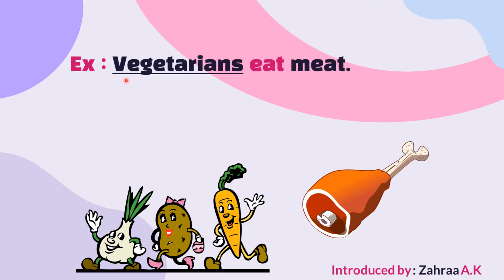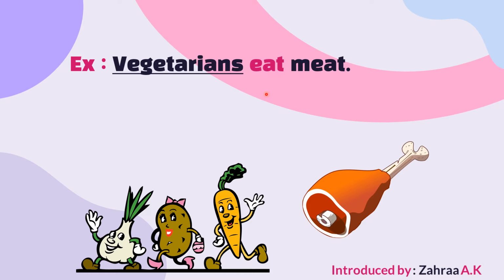Such as: vegetarians eat meat. Vegetarians eat meat. Is this information correct? Is this sentence right? Is it correct? No, absolutely it is wrong, not correct. So how can I change it to negative?